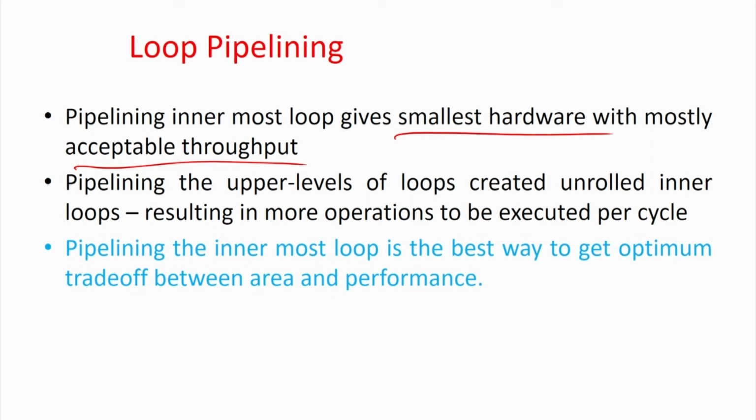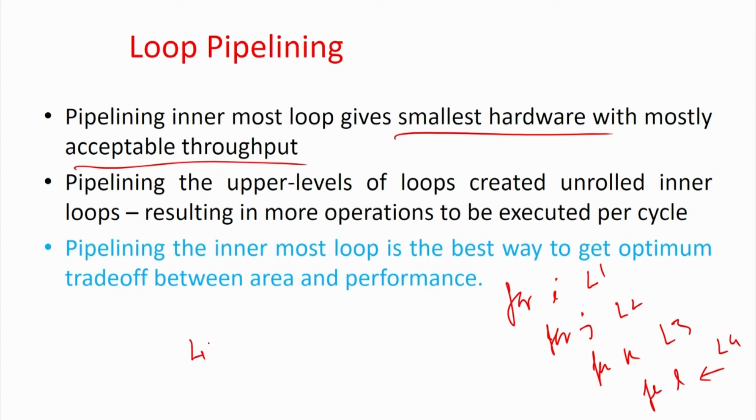If you have a loop depth of, say, 4, say this is for i, then for j, then for k, and then for l. If you just pipeline this one, all 4 will be pipelined, right. If this is L1 times, this is L2 times, this is L3 times, and this is L4 times, the number of time steps required will be L1 into L2 into L3 into L4.